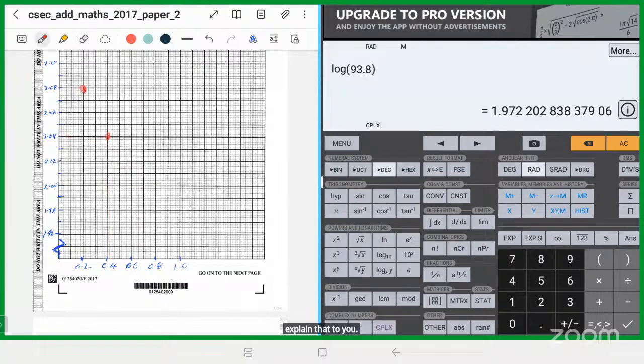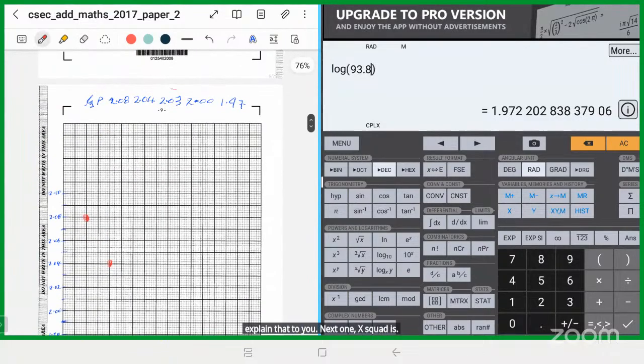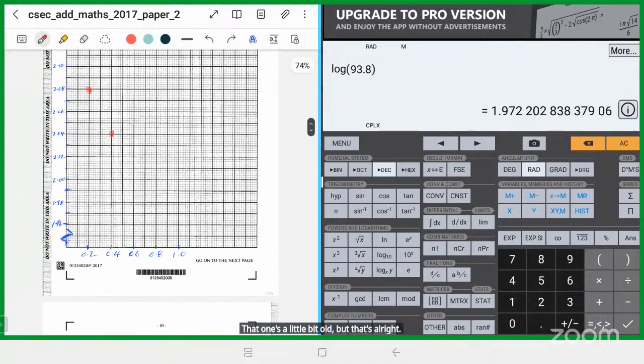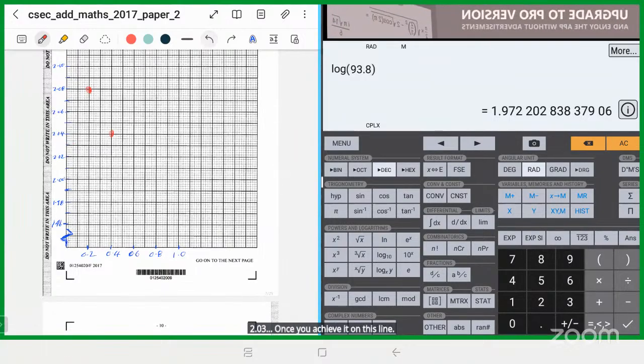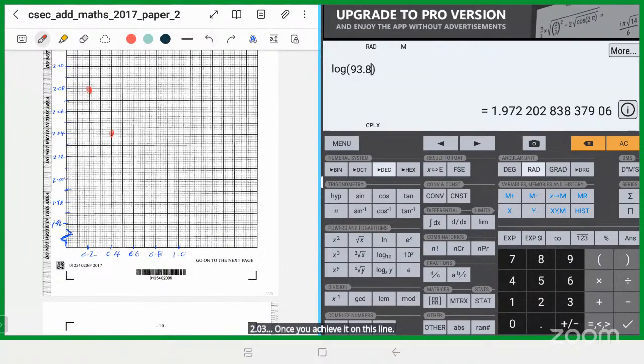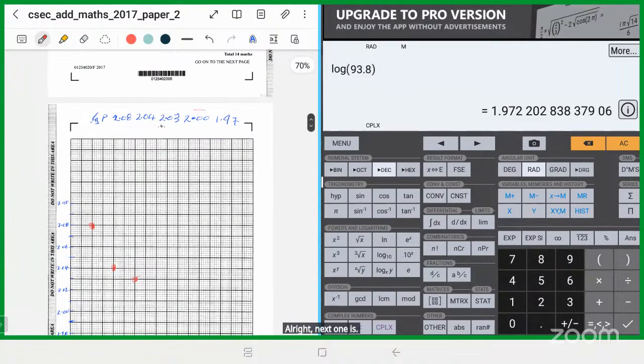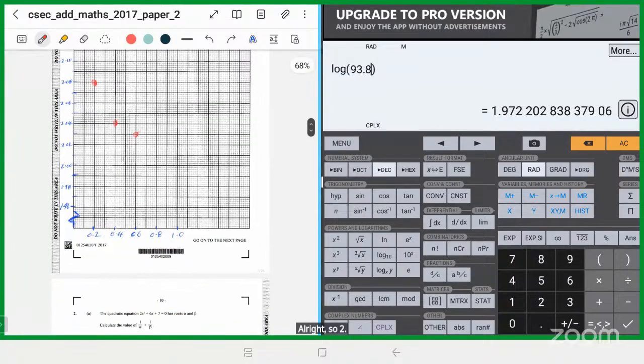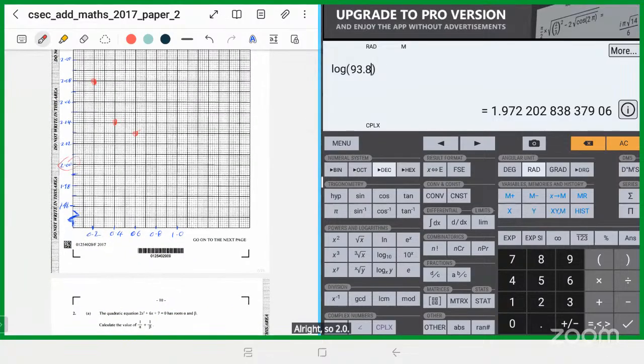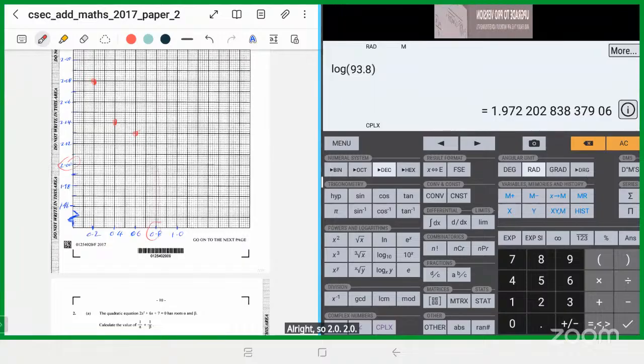Next value is 2.03. That's one a little bit out, but that's alright. 2.03 is on this line for here. So this one is out, but you still have to draw the best fit line. The next one is 2.0. So 2.0 over here, 0.8 right here.